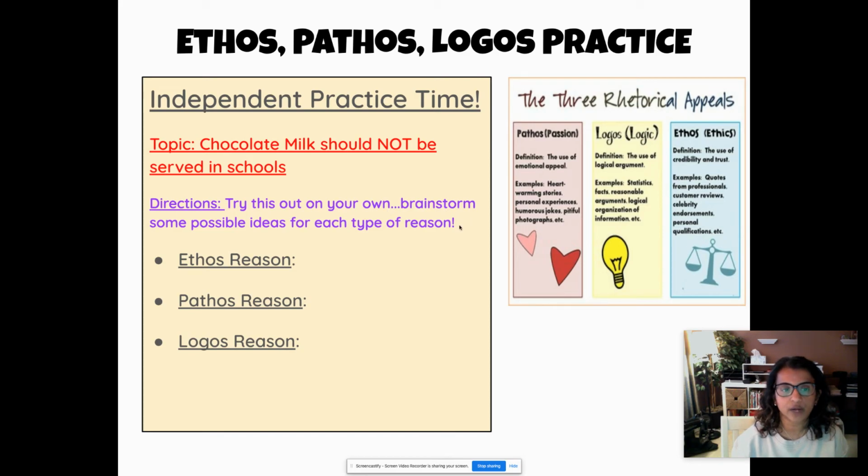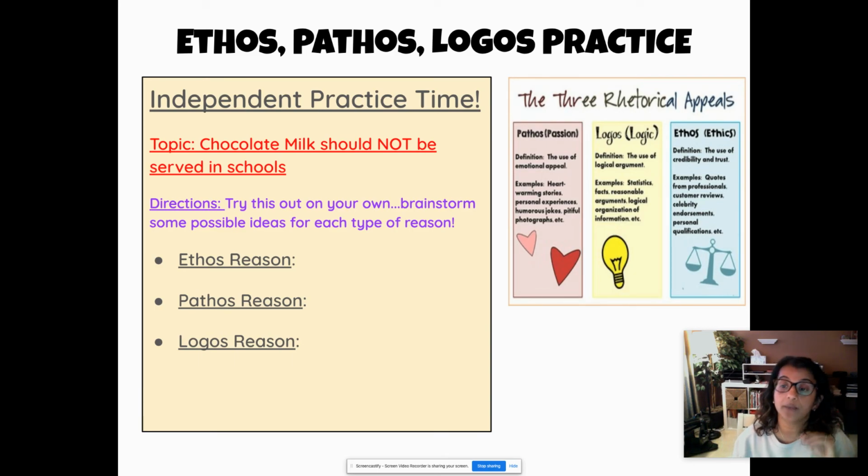So your directions are to try this out on your own. I want you to brainstorm some possible ideas for each type of reason. You can just do this in your notebook, on a piece of paper, on a dry erase board, on a Google Doc, whatever you think. You can even make a copy of my slides and just start typing right in there. I'm going to let you choose your system that works for you.